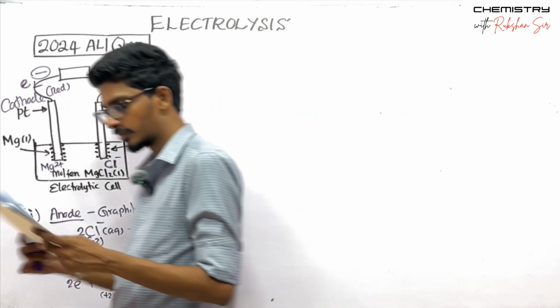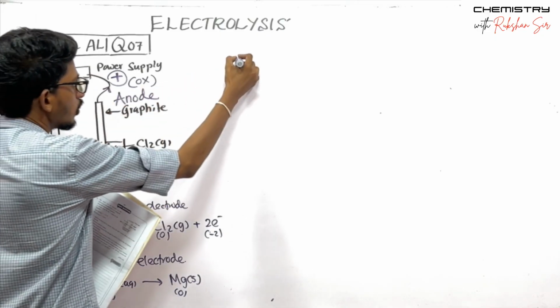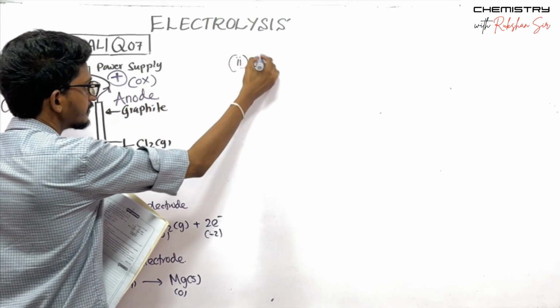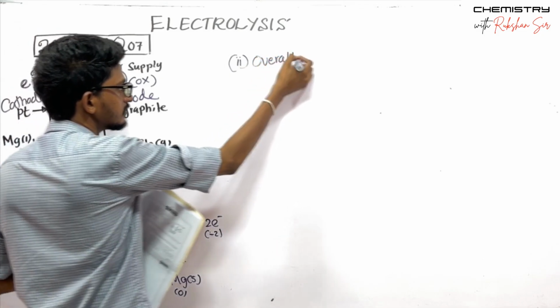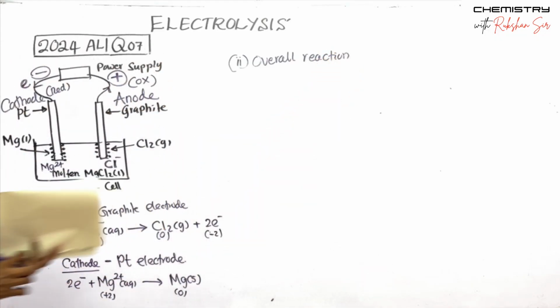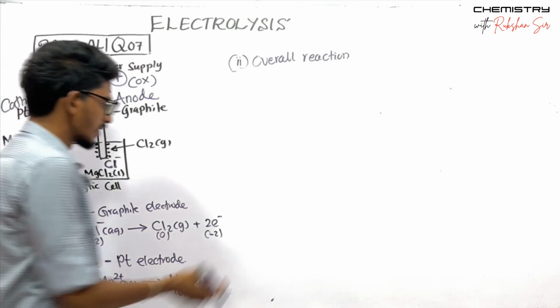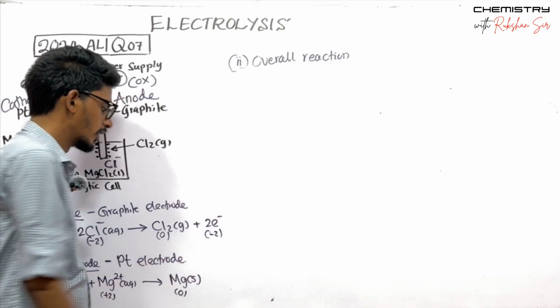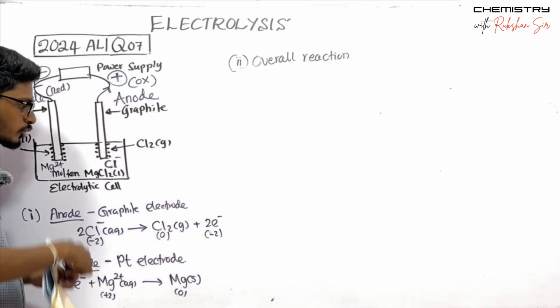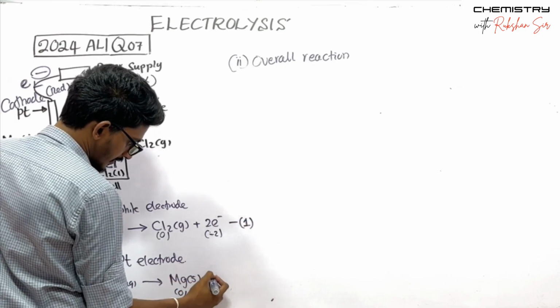Problem 2. Write the overall cell reaction. How to write the overall reaction? The overall reaction is the combination of the two half reactions. You can consider this one as 1, this one as 2.